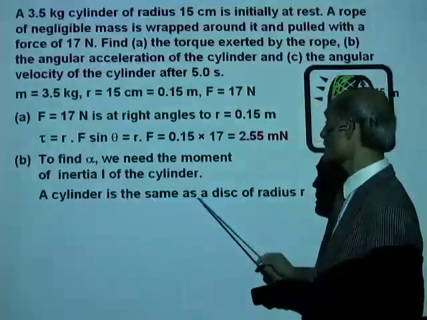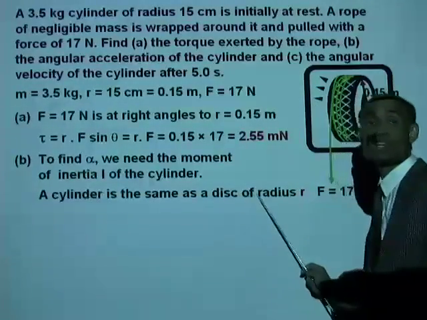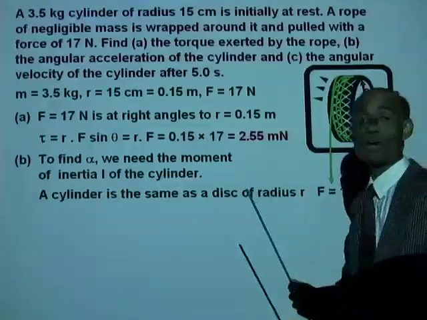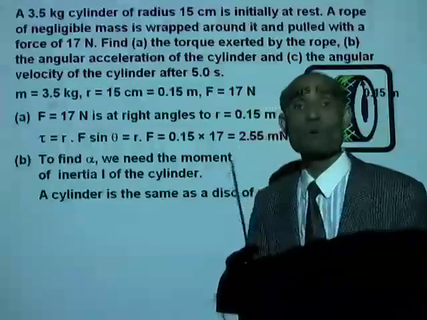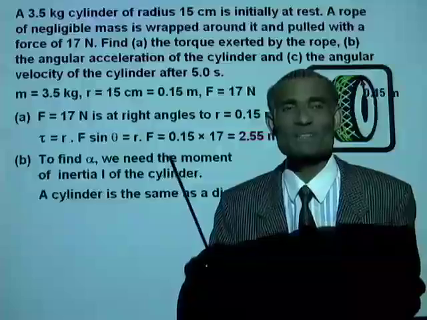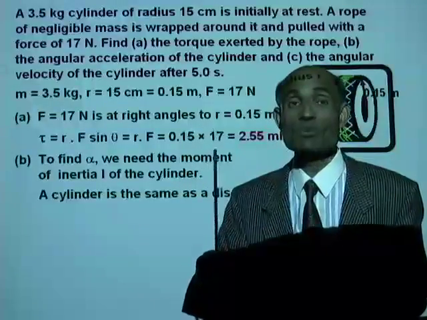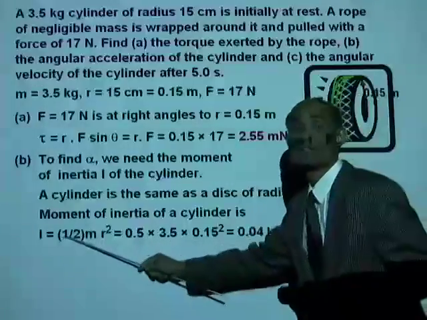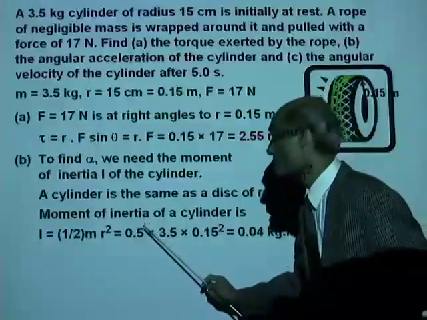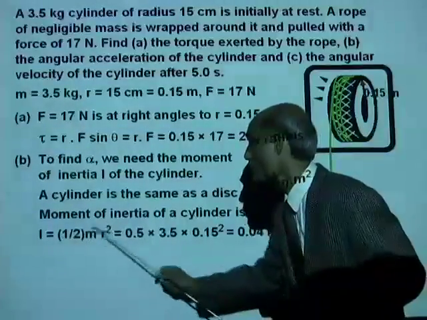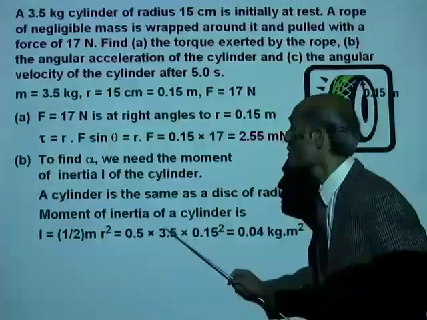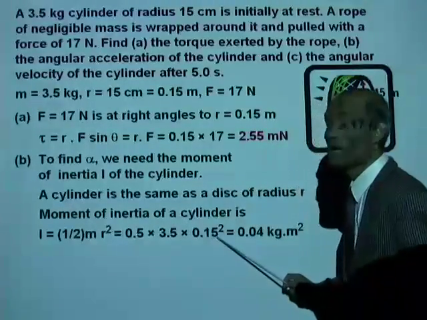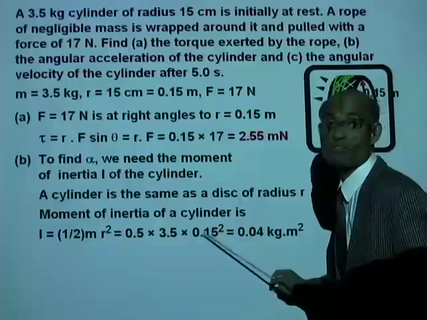A cylinder is the same as the disk of radius r. What is the equation for the moment of inertia of a disk? I equal to 1/2 mr squared. Now that will be 0.5, that is 1/2. Mass of the disk is 3.5 kilogram and the radius is 0.15.